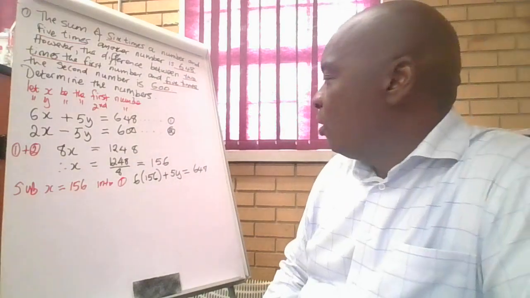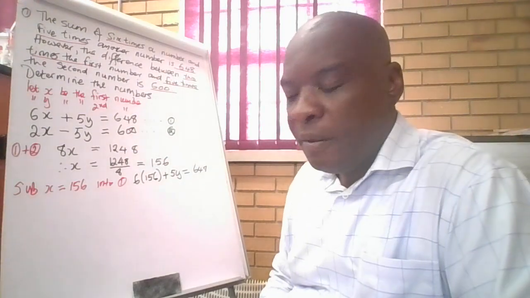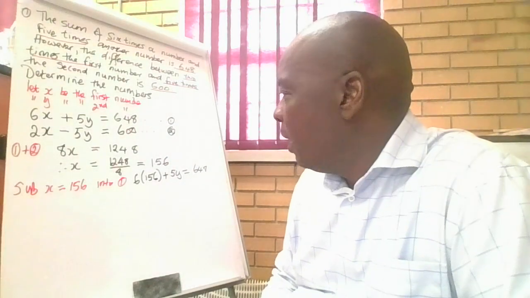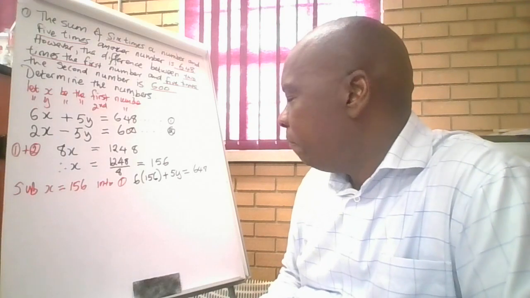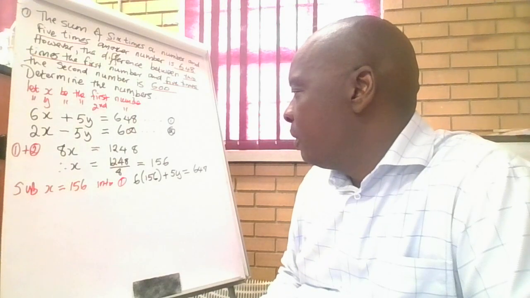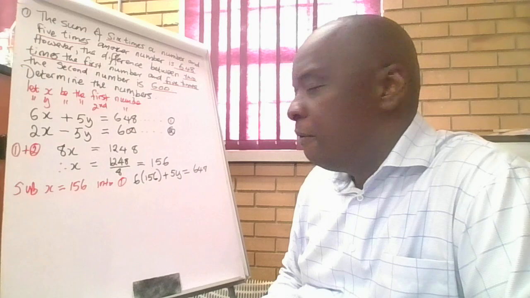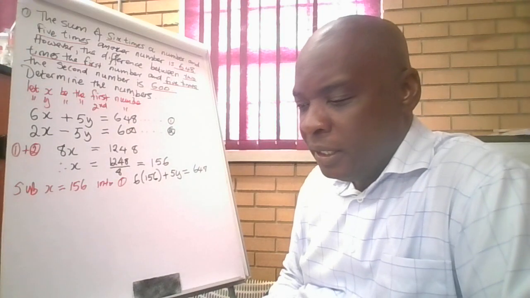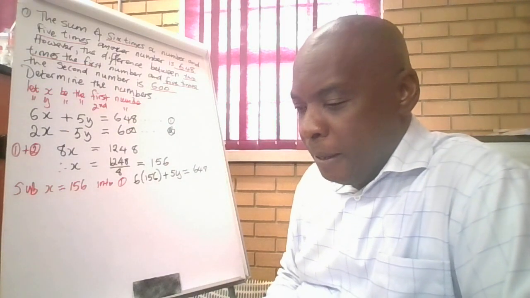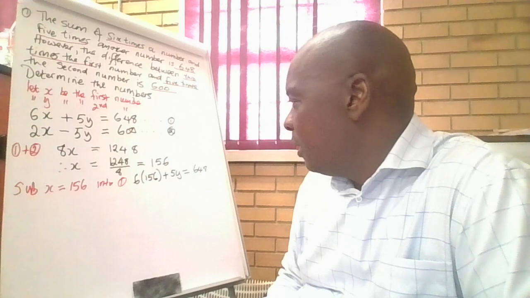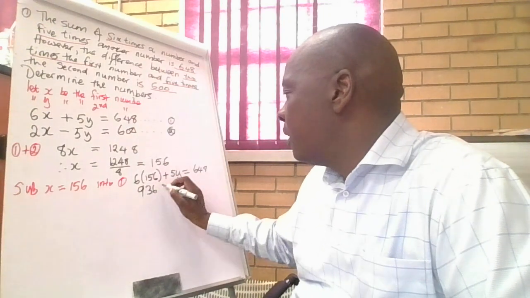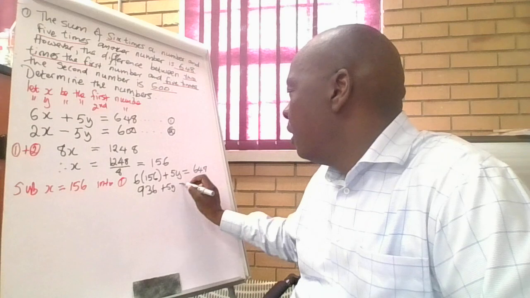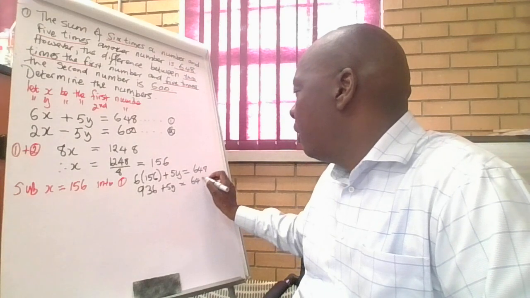So we want to find the value of y here. So 6 times 156 gives me 936. So I have 936 plus 5y is equal to 648.